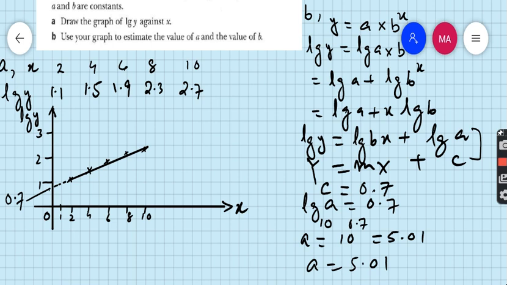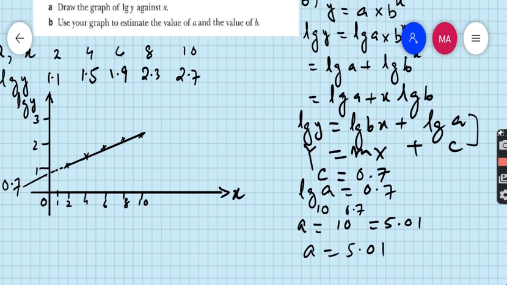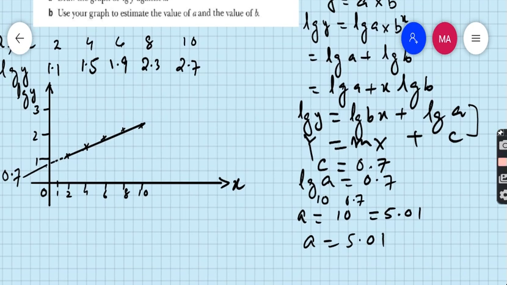Next, we need to find the value of b. If you compare with the given equation, you will see log b is the gradient. So for the gradient, you have to take 2 points from your table of part A, which is 2, 1.1. You can take any 2 points, and 10, 2.7.